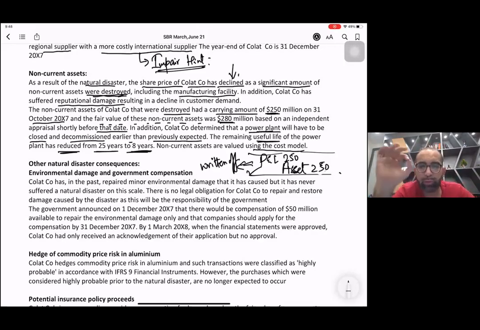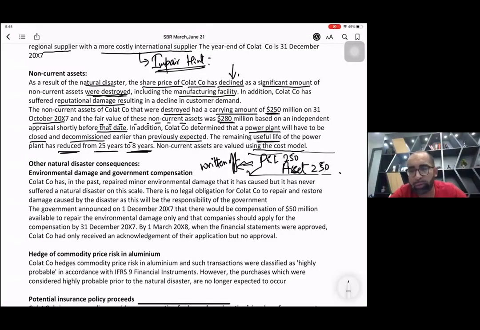Now, first of all, I will discuss this decommissioning liability in detail. Don't worry, I will. Let me tell you a little bit of very basics, O levels, A levels, F3 level discussion. This is the case of changes in useful life. And yes, this is also one impairment hint, because previously you were getting benefit for 25 years.